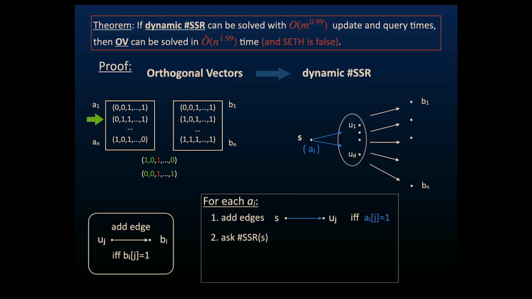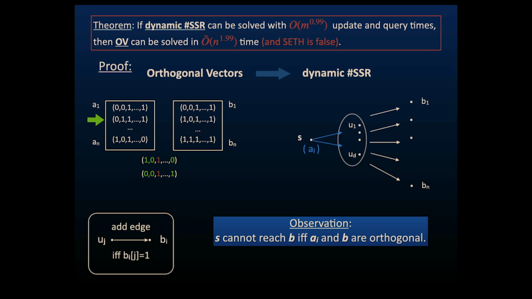If S can reach some vector B, some node B, then it means that there's a 2-path, and then the vector A that's being represented is not orthogonal to that B. So if there's no orthogonal pair, then you expect S to reach everybody on the right. That's the observation.